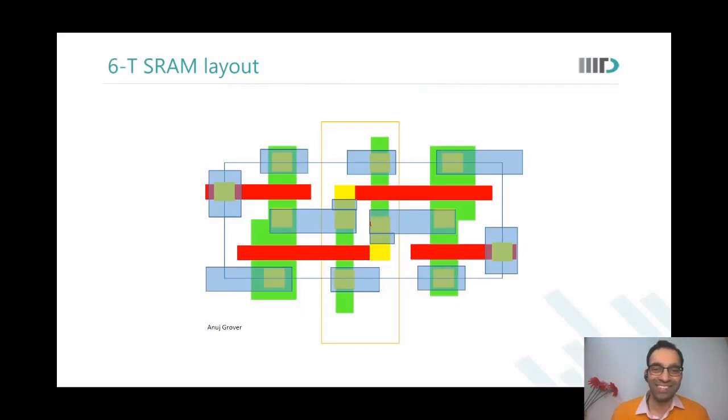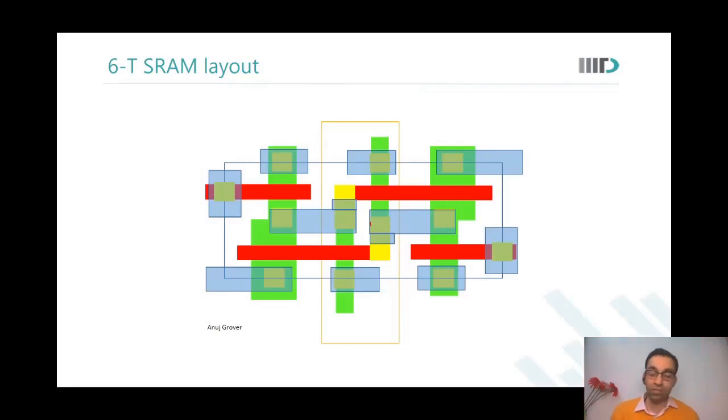Okay, can I ask something, sir? We are doing the DRC violations mainly because we want the density to be higher. Yes, because area is money. So, sir, we can do the DRC violations. You cannot do it. The technology team will do it for you. So you will not really be designing these DRC violations yourself.